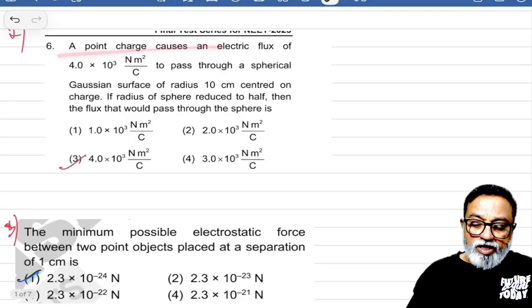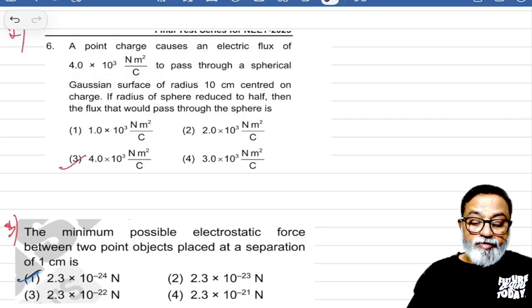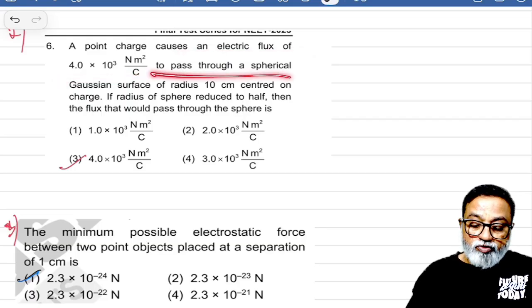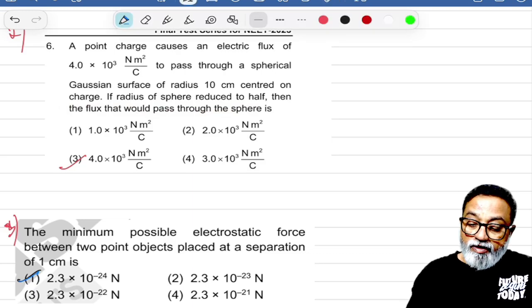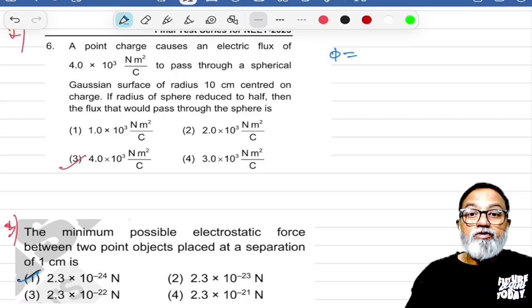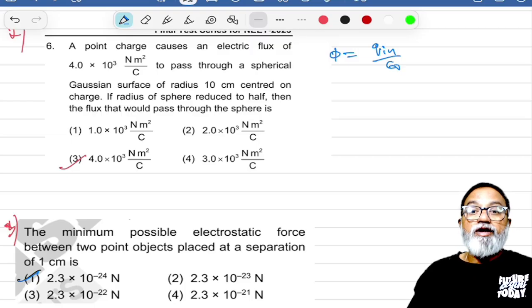Next one, a point charge causes an electric flux of 4 into 10 cube newton meter square per coulomb to pass through a spherical Gaussian surface of radius 10 centimeter centered on the charge. If the radius of the sphere is reduced to half, then what is the flux that would pass through the sphere? Here, flux passing through a closed Gaussian surface is Q is equal to Q in by epsilon naught.